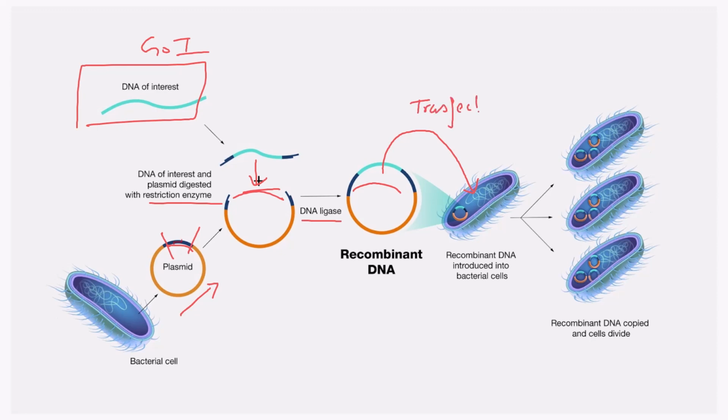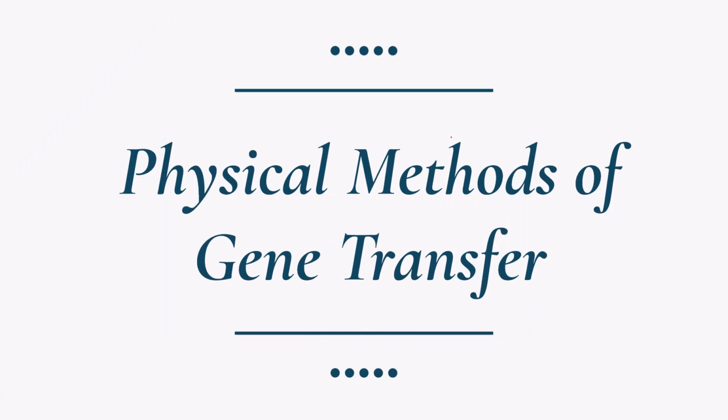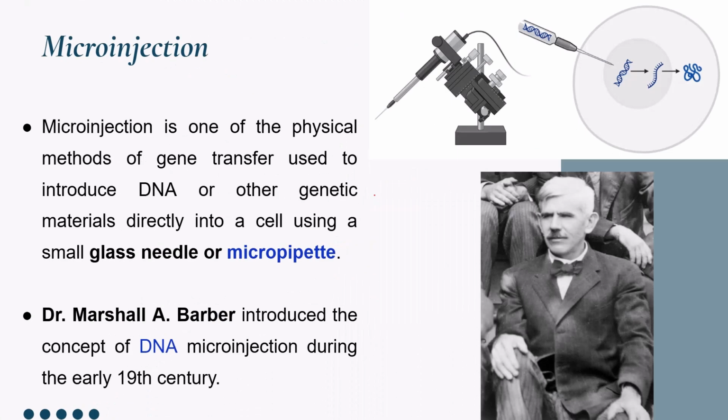Here we use the methods of transfection. Here it can be physical or chemical methods, okay? So this is where the transfection occurs, and we are going to study it in detail. So here, first of all, we have the physical methods of transfection. Physical transfection methods. So let's take microinjection first.